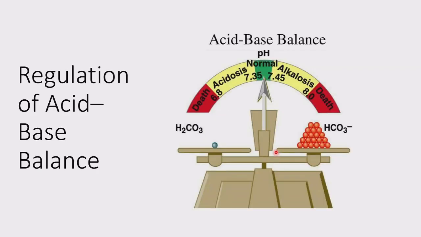Next function is the regulation of acid and base balance. Together with your lungs, they excrete acid and regulate your buffer stores. In addition, only our kidneys have the capacity to remove acids which are generated by the metabolism of products.